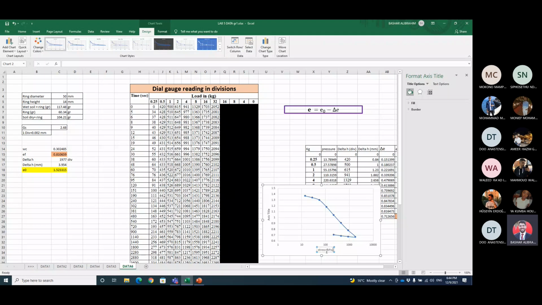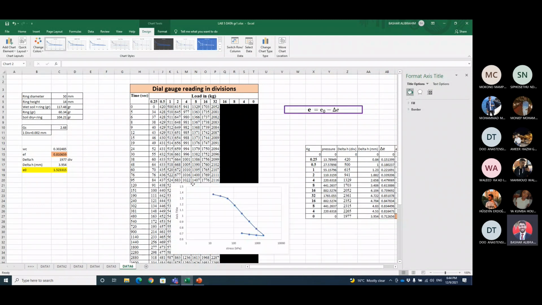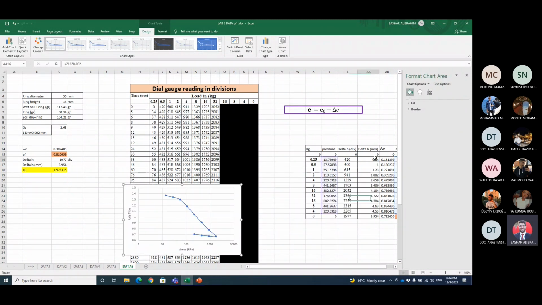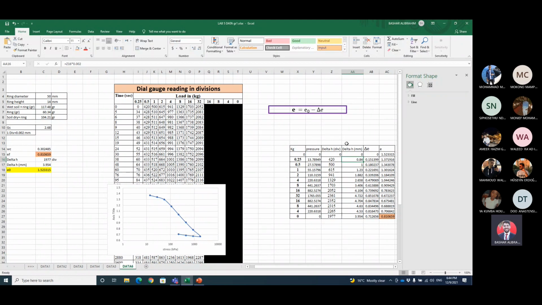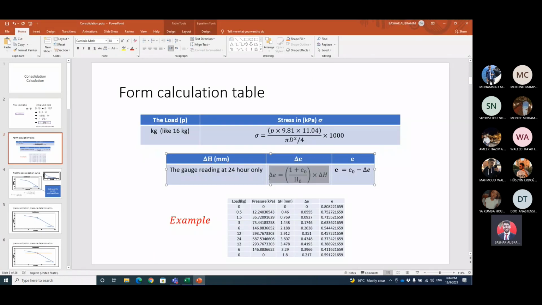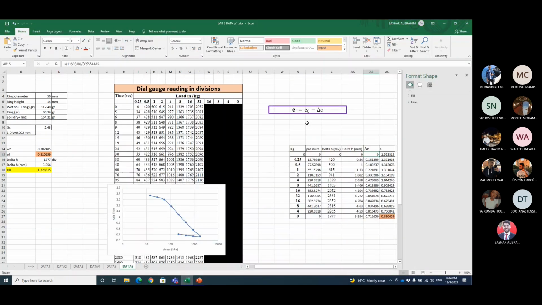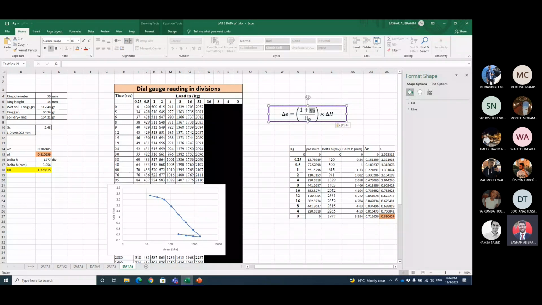So this is stress in kPa and this is... What do you mean by the dollar sign? Yes, what I mean by the dollar signs. Okay, so here, as you can see, in this calculation, let me get the equation back. You see in this equation, I have e0 in one cell.